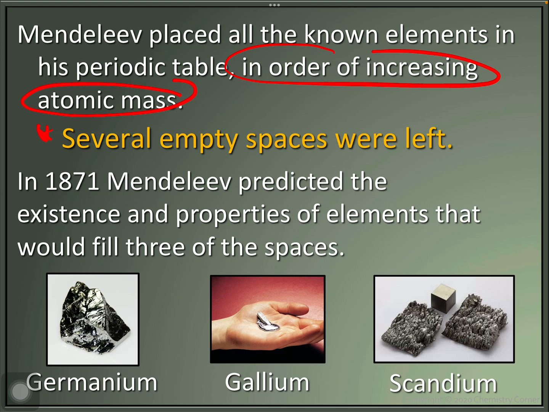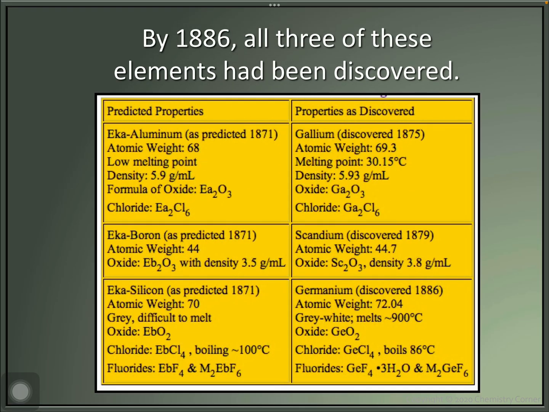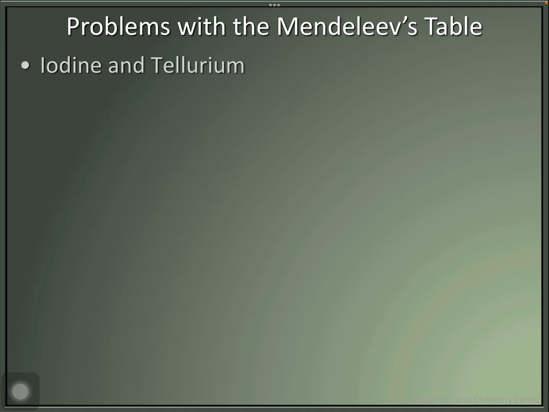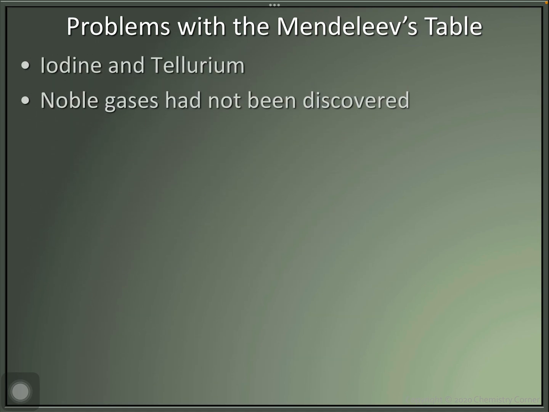These are different metals that you can see on the periodic table. And as it says here, by 1886, all of these 3 elements had been fully discovered, and so we were complete.